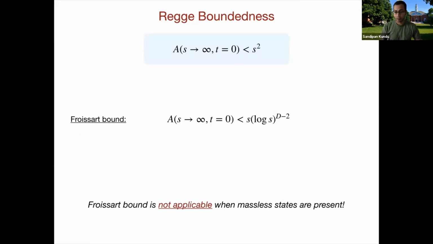For the Prasad bound, you need a mass gap. So in general, especially when there are massless states in the theory, you cannot motivate the Regge boundedness condition that well. And that's even when the external particles are massive. Yes, that's right.